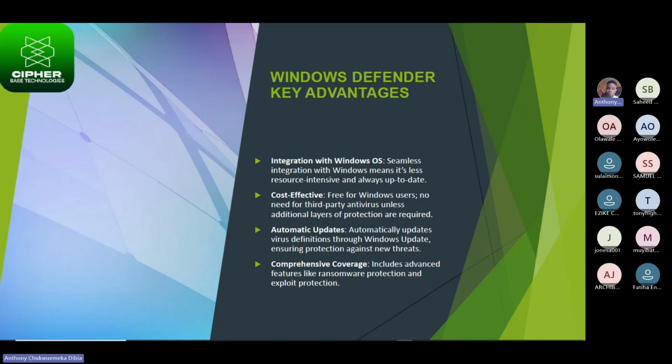Now, Windows is actually doing a very good job when it comes to their Windows Defender. They are trying, but we all know that no matter how secure the Windows Defender is, hackers can still always gain access to it. But the best thing is to always make sure you are not clicking any links that you're not supposed to click or doing any malicious activity that you see is very suspicious.